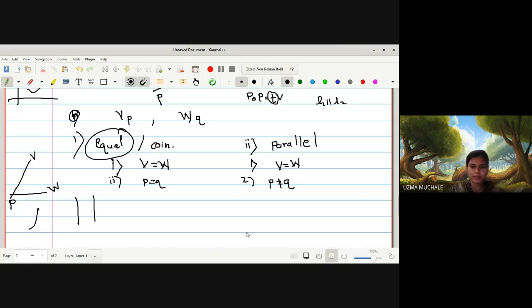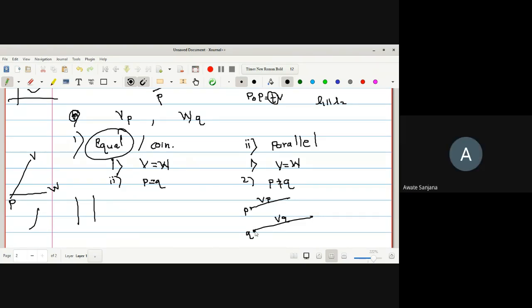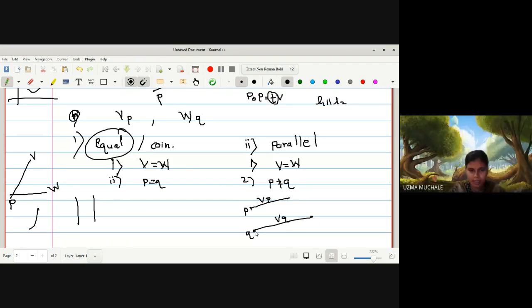Suppose I have here this with VP and this with VQ. That means direction is same, but the points of application are different. Have you understood what is a parallel vector? Yes ma'am. P and Q are different, points of application different, but the direction is same.